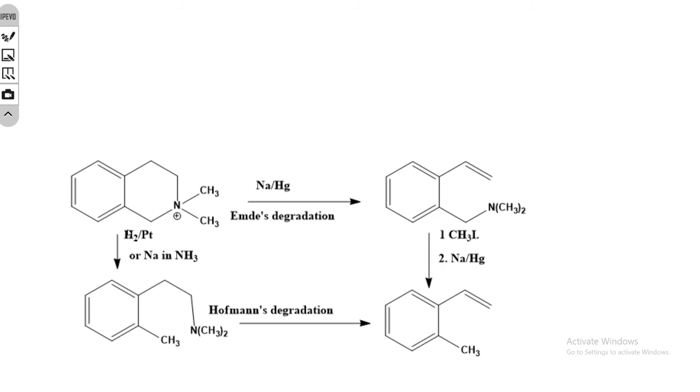Or first it can be reduced, and then Hofmann degradation can be done. So in any way, from the product we have an idea about the carbon skeleton of this alkaloid. Okay.